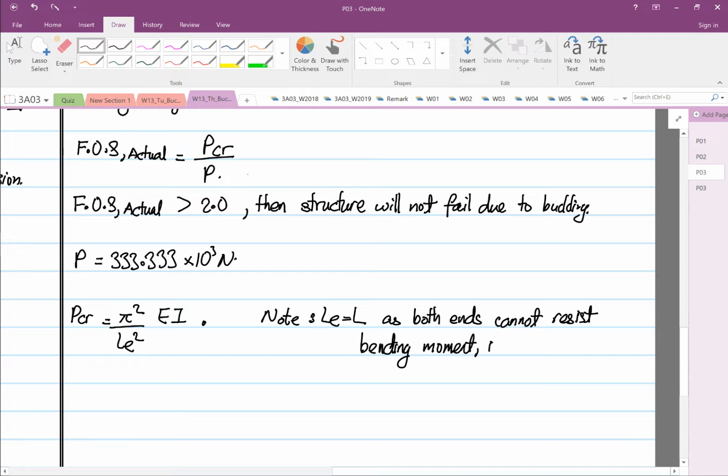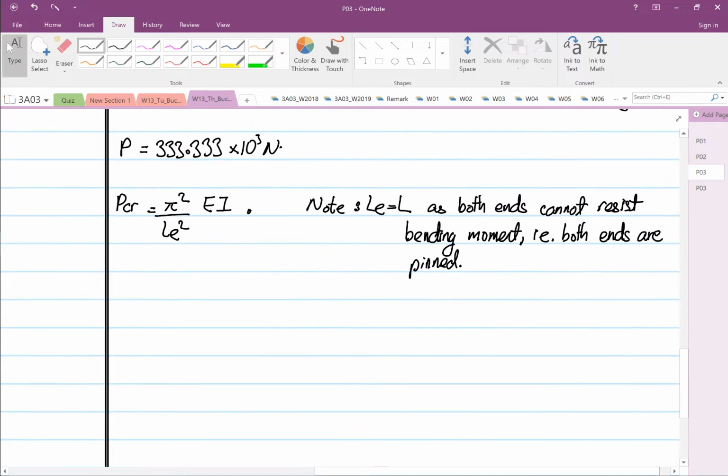What does this mean? I.e., both ends are pinned. So when that's the case, we can calculate.